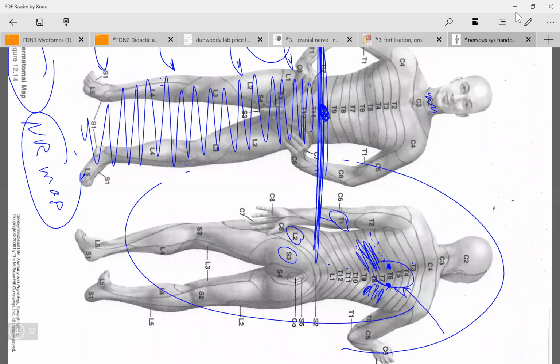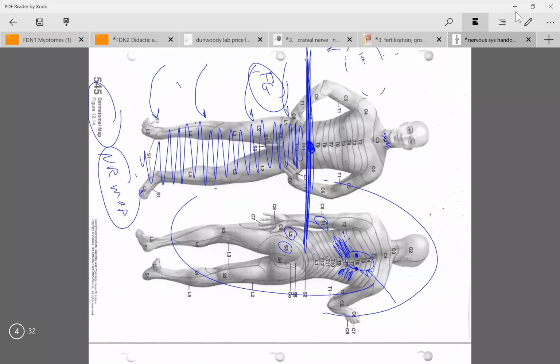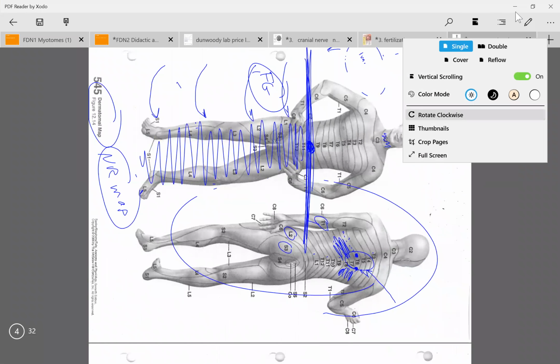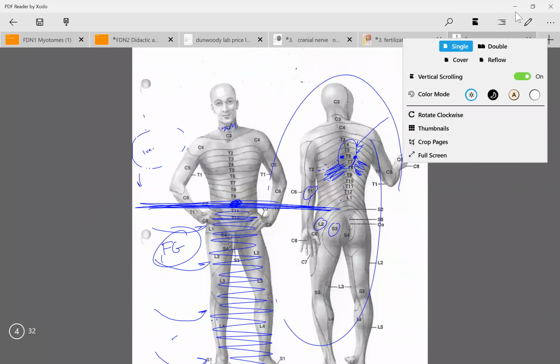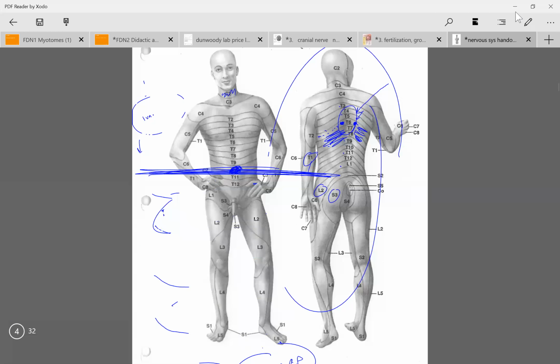So going back to this guy, all of this is going to be your fasciculus cuneatus, the FC.